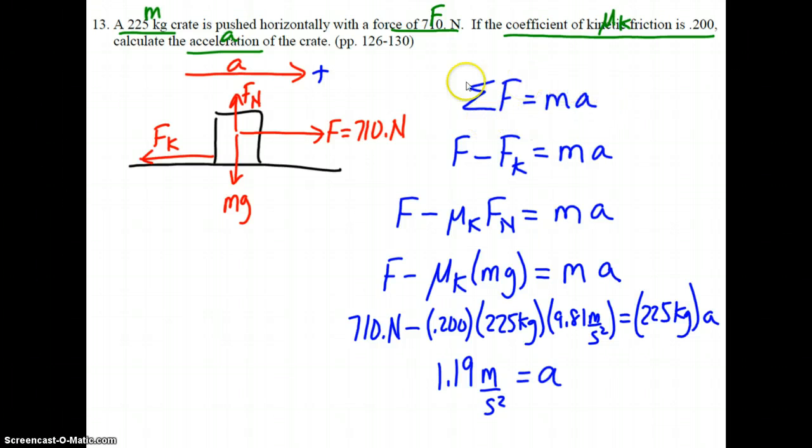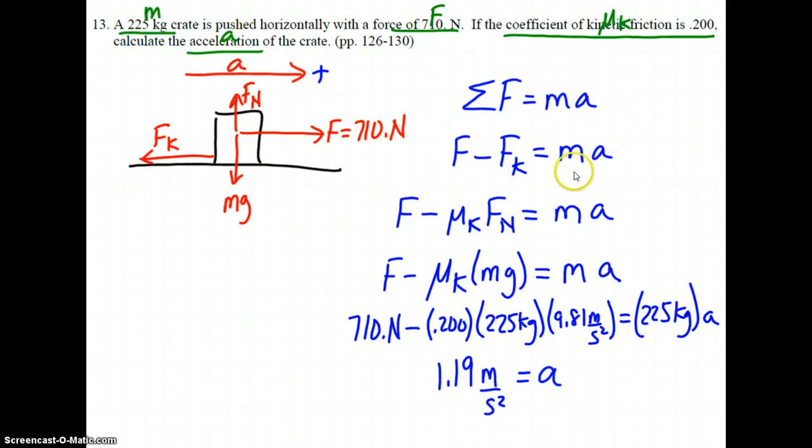Is the object accelerating? Answer is yes, that's what we're trying to find. So we leave the equation as is. Next, we summate the forces in the plane in which it's accelerating, which is horizontally. We have the forward force F, which is positive, and the backwards kinetic friction, which is negative, so it would be F minus Fk equals ma.